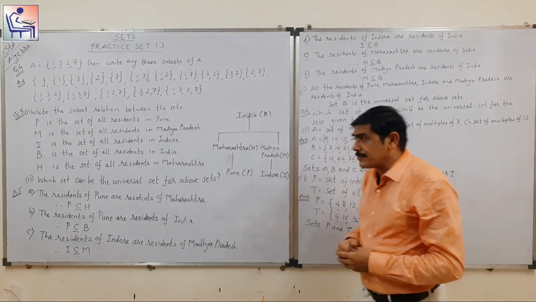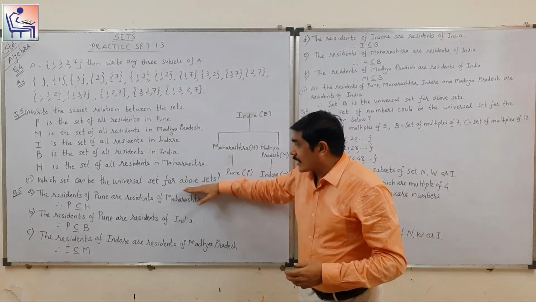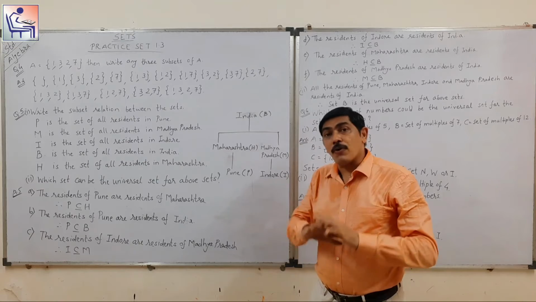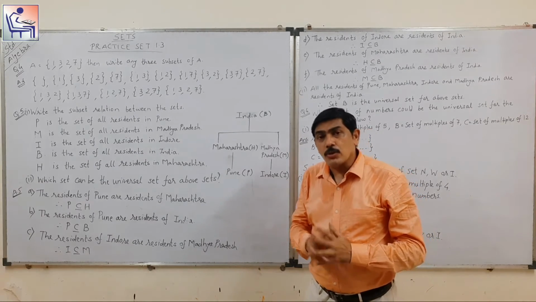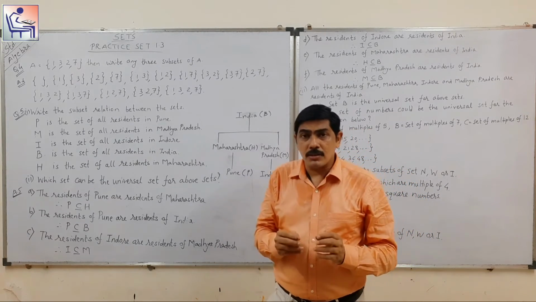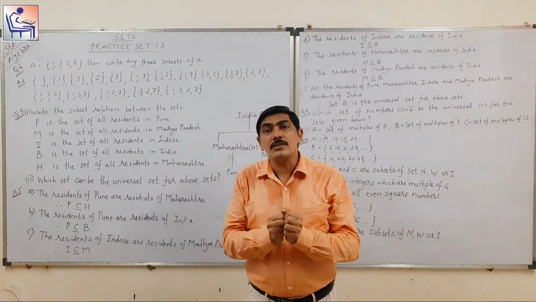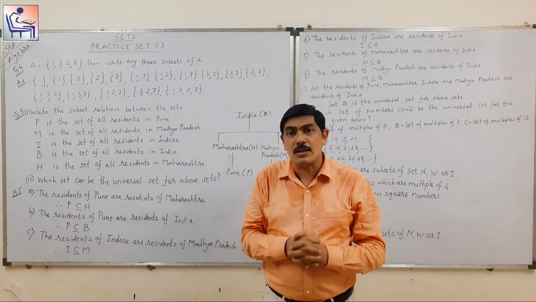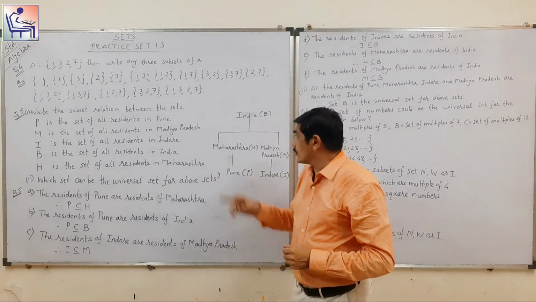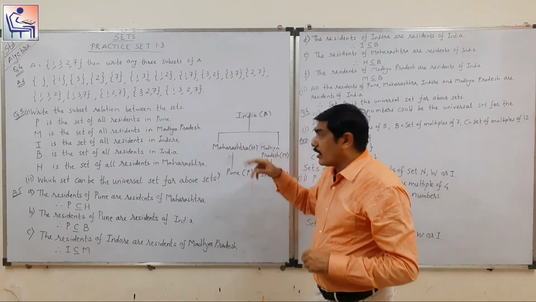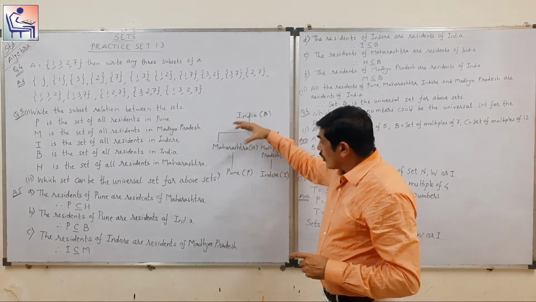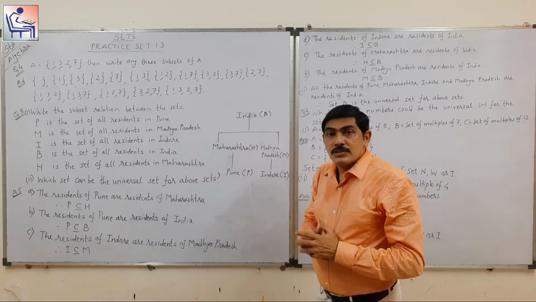Now the next question. Here, which set can be the universal set for the above sets? Universal set, जो set सारे सेट्स को अपने अंदर समाले, मतलब अपने अंदर कवर कर ले, वो बनता है यूनिवर्सल सेट. तो यहाँ पे आप देख सकते हो इंडिया covers all other sets.